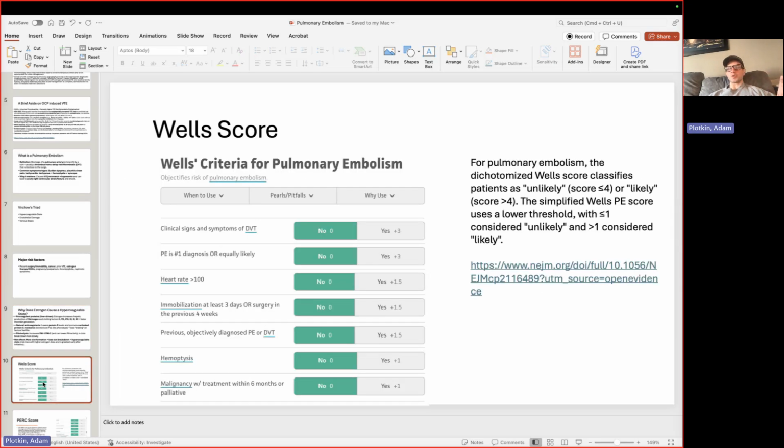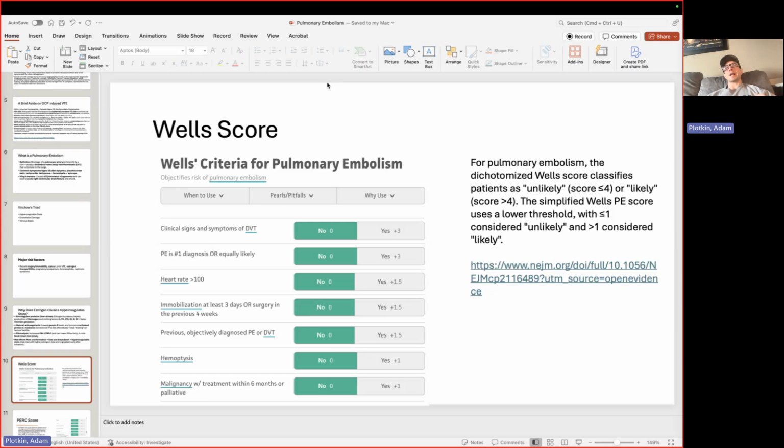So how do we stratify? Does this patient have a PE? Do we not know, right? The common one is the Wells score. There's also something called the Geneva score, which I don't go into here because I think the Wells score is more commonly used. There's been a back and forth in the literature.